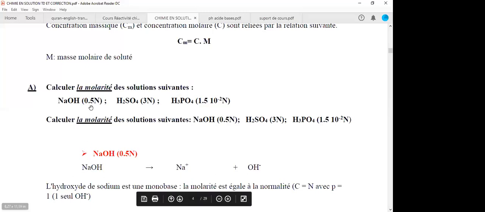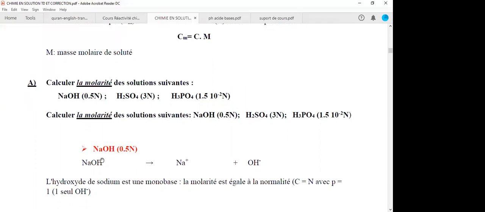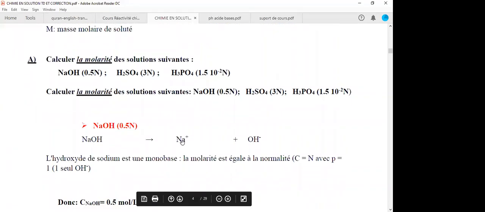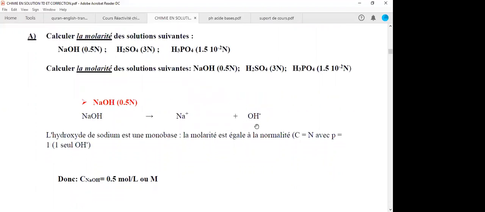Here we've got the solution of sodium hydroxide, 0.5 normal, and we want to find its molarity. Sodium hydroxide, when put in water, forms sodium plus hydroxide.